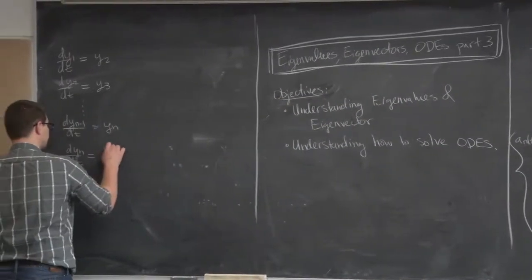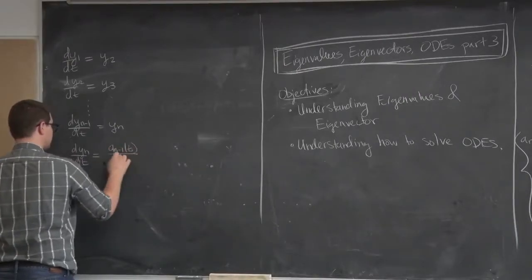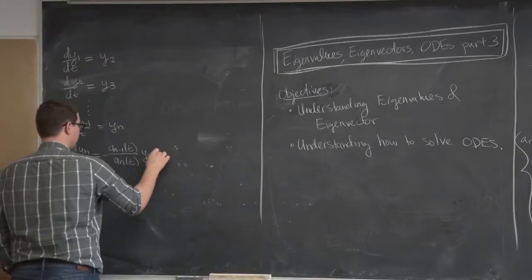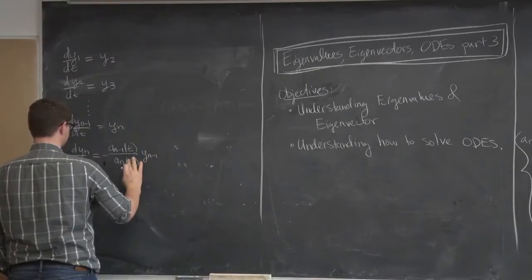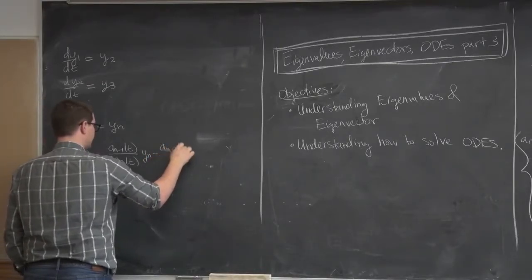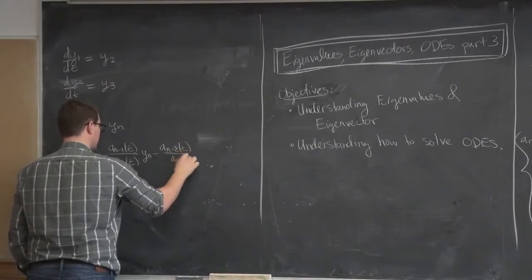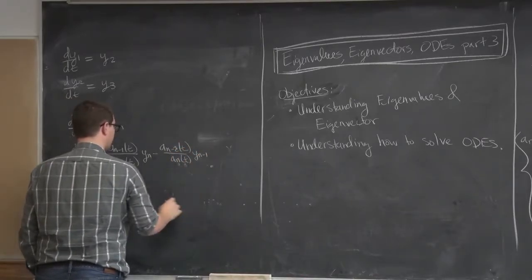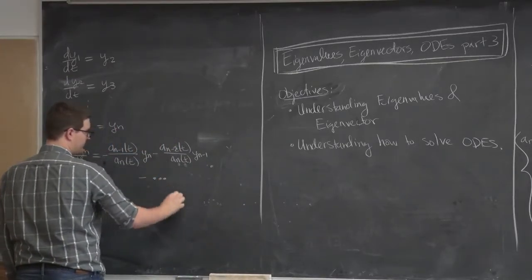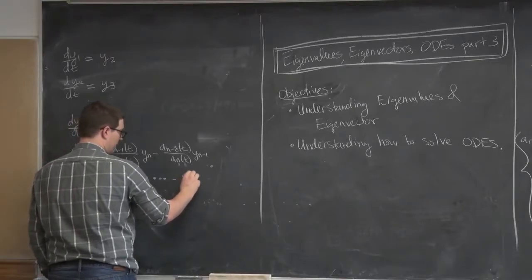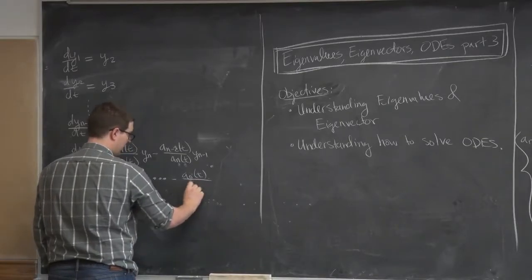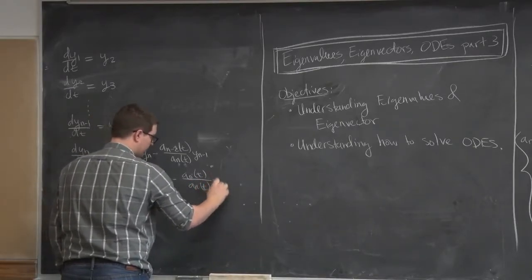So we have this thing, yn, minus a_{n-1}(t)/a_n(t) y_n, plus, all the way down to minus a0(t)/an(t) y1.